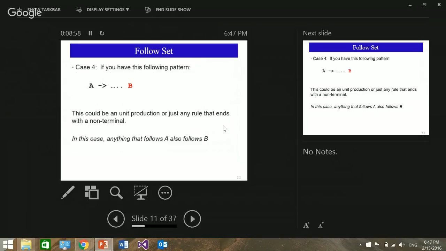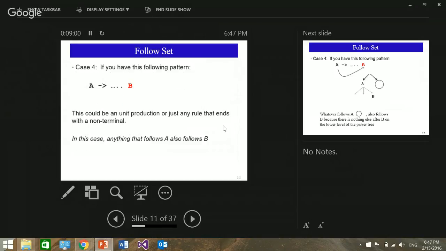Case 4, I do need to look at the left-hand side. In case 4, the pattern is I have a big letter at the end of a production. If it ends with a token, skip it. It doesn't fit. But if I have a big letter all the way at the end of a production, what does that mean?